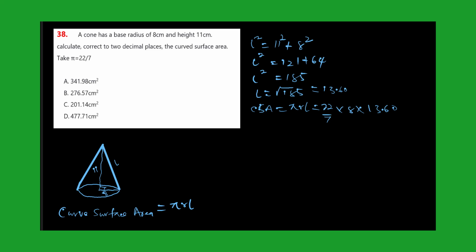So now let's find the answer. 22 multiplied by 8, use your calculator to get the answer, times 13.60, divided by 7. So the answer is 341.98, correct to 2 decimal places. So that's the final answer, which is option A.